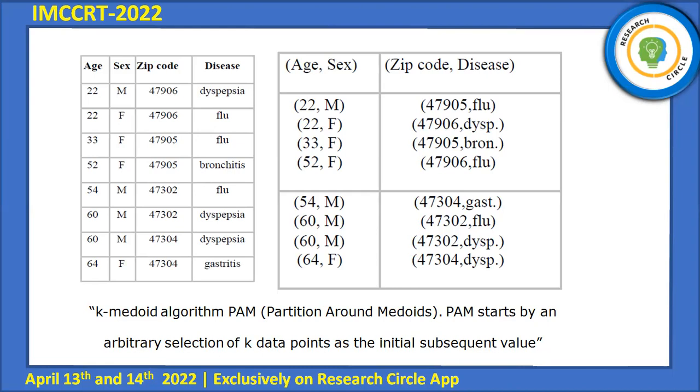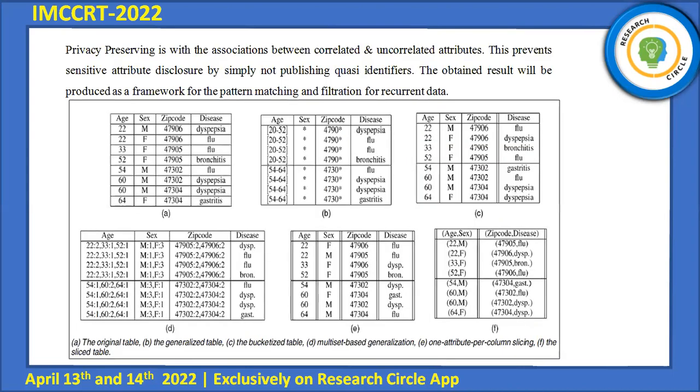If you do not do it in a proper way, then the disclosure property may fail. So the k-medoids algorithm is very useful here, and partitioning around medoids, PAM, is really preferred at the beginning for finding the subsequent values and working on them.